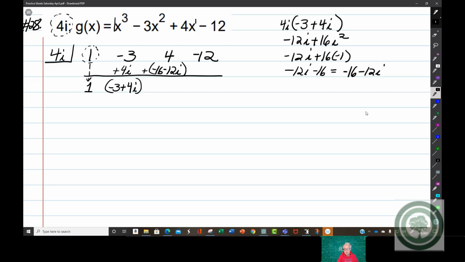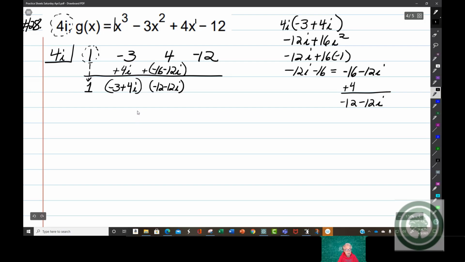So what I'm going to do is add this 4 to the -16, and that will give me -12 minus 12i. So that's what I'm going to write right here: -12 minus 12i.